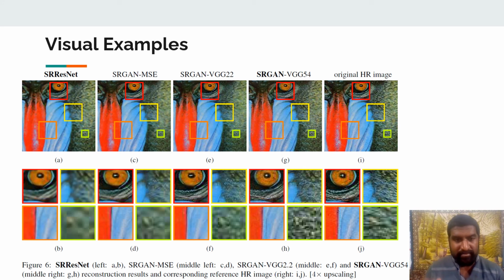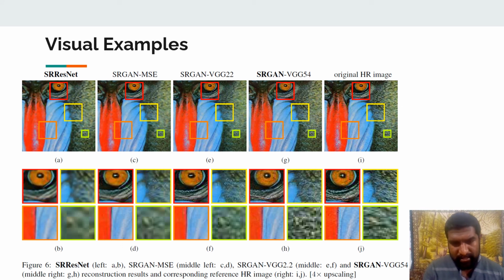SRGAN with a mean square error is also not that successful in producing the fine texture details, as the MSE over-smoothens the features by taking an average of the pixel values. Now, SRGAN with the VGG neural networks has produced substantially good features.